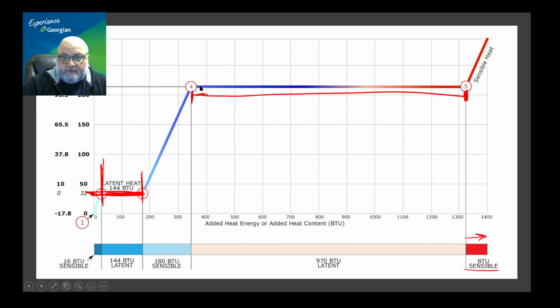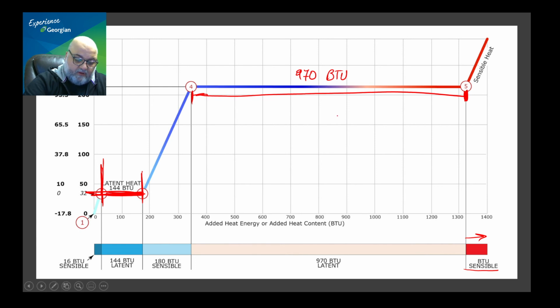So I'm going to call it vaporization, and it takes 970 BTUs of latent heat to vaporize 1 pound of water or to condense 1 pound of water. Obviously, when you're condensing that 1 pound of steam, you're taking away 970 BTUs of latent heat.